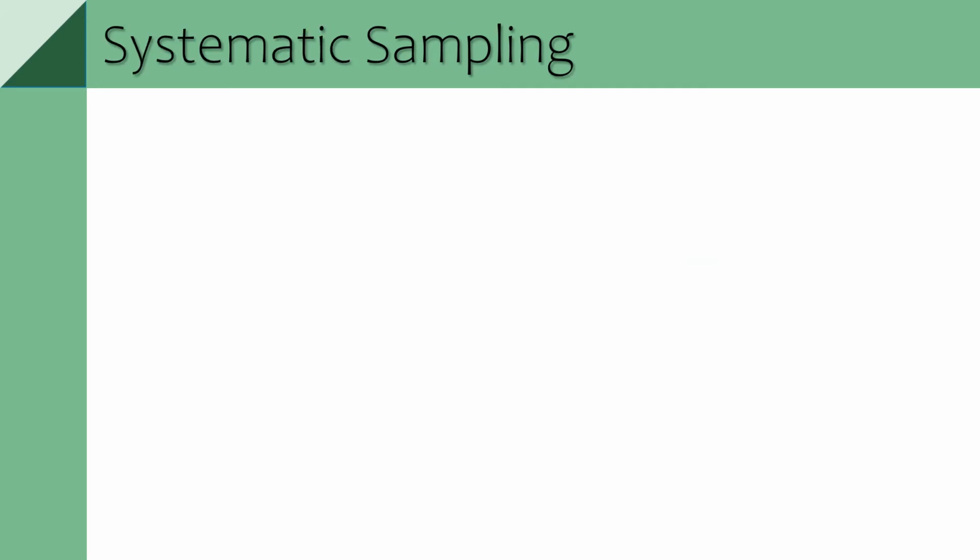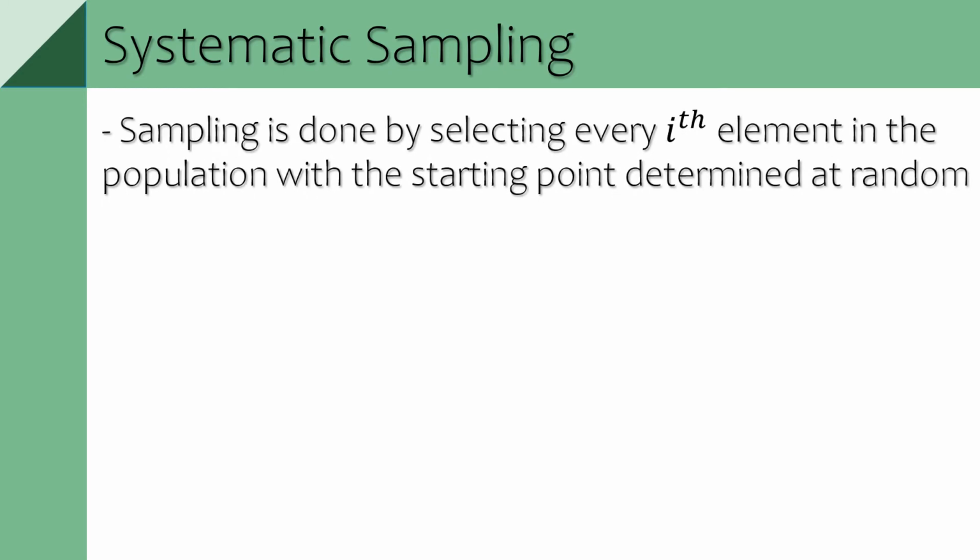Next is the systematic sampling technique. Sampling is done by selecting the ith element in the population, with the starting point determined at random. It is obtained by selecting one unit or member of the sample on a random basis and then choosing additional units at equally spaced intervals until the desired number of samples is reached.